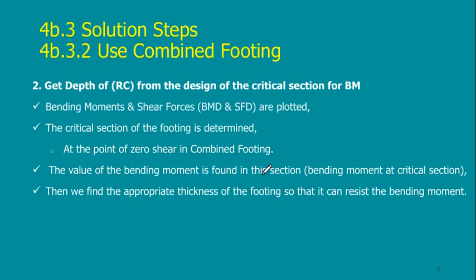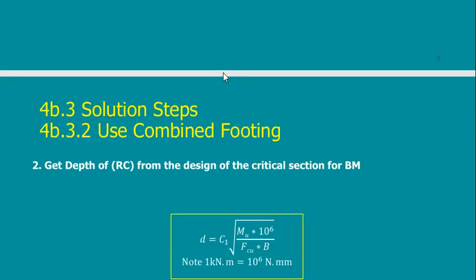In this case, we are going to design the combined footing. What are the steps of my design? Similar to the steps of the design of one isolated footing, because I'm going to design this footing based on the resultant of both forces, the summation of both forces.